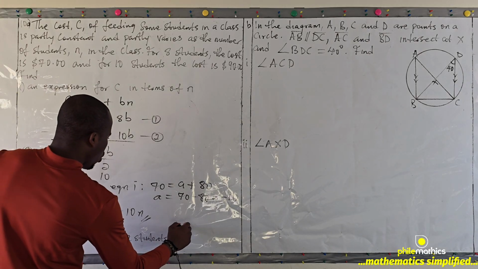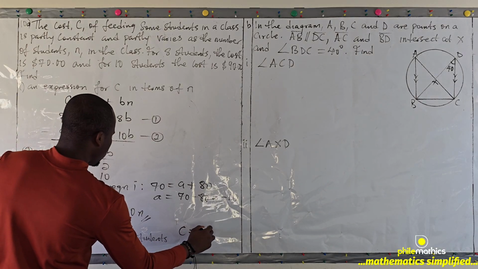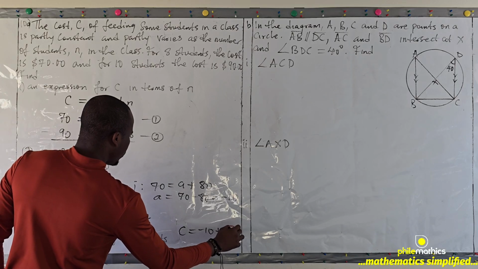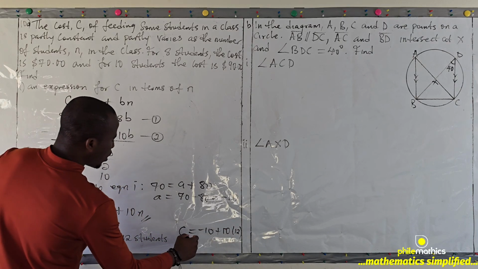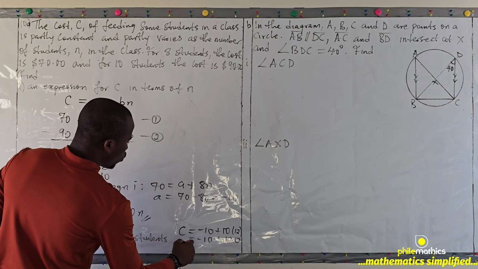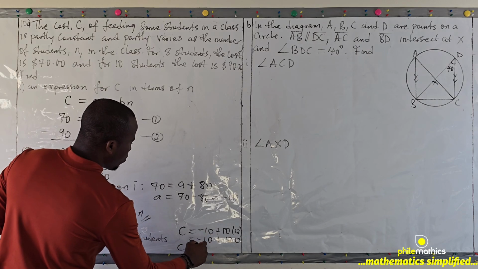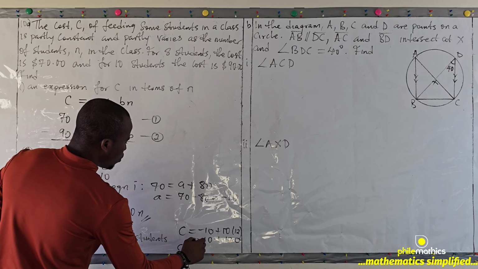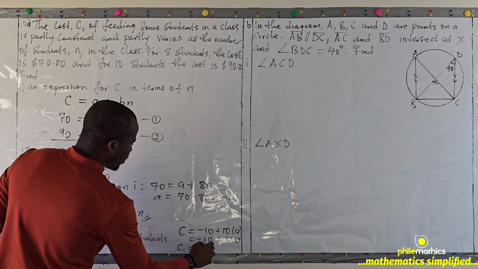So the cost is minus 10 plus 10 times 12. 10 times 12 is 120. So minus 10 plus 120. And so the cost will be $110.